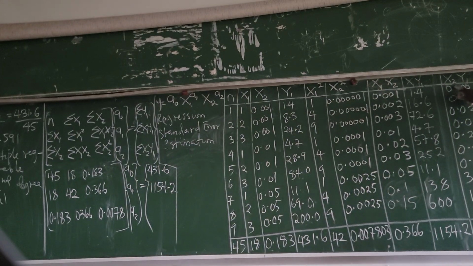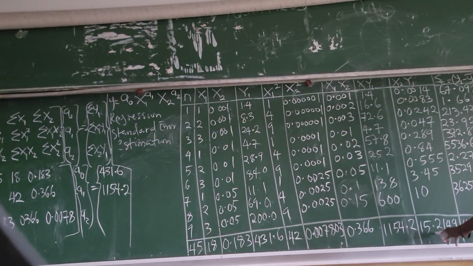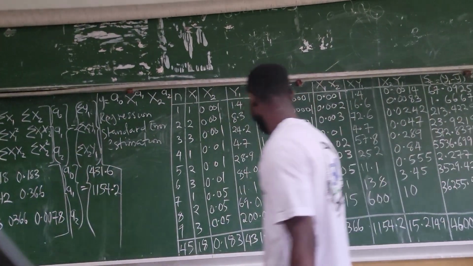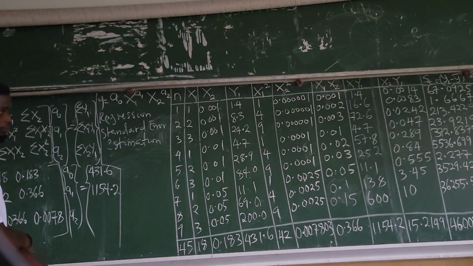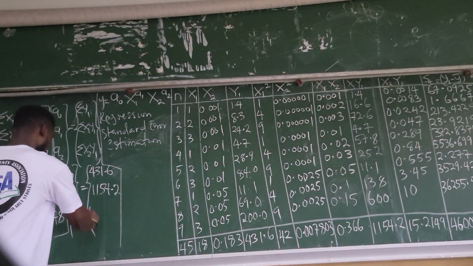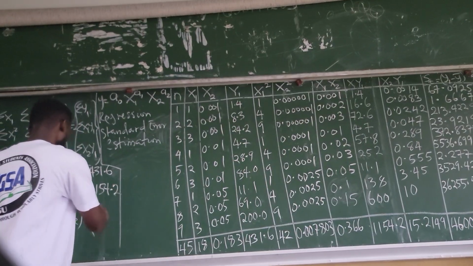Okay, that is it here. And that is 15.2149. Since we have 1 decimal here, let's maintain 1 decimal. So we have 15.2.